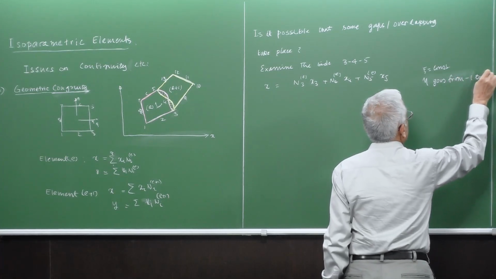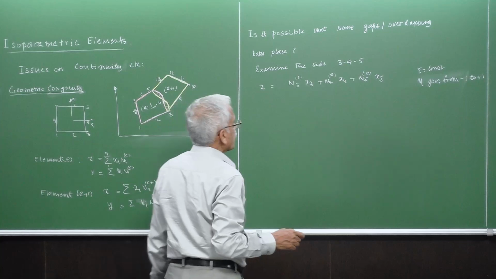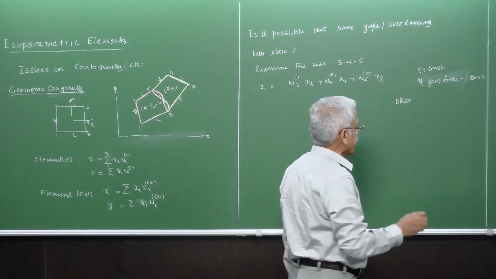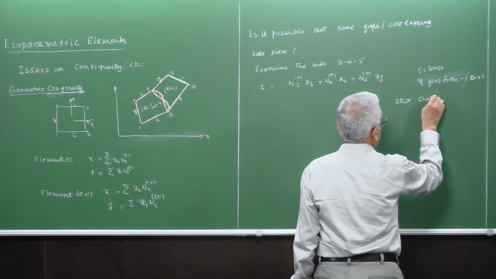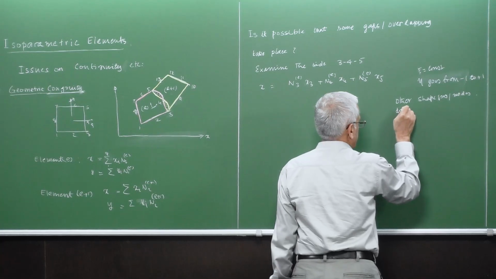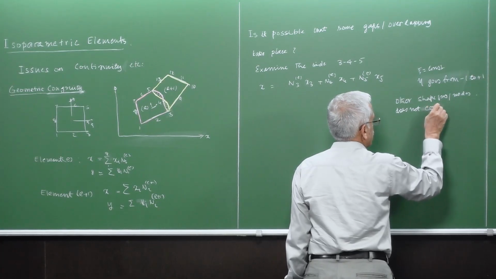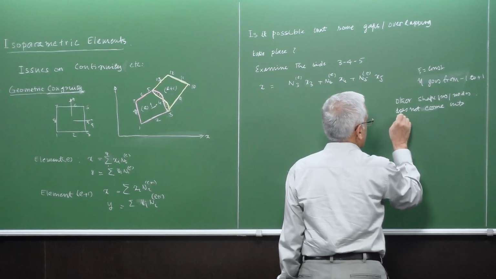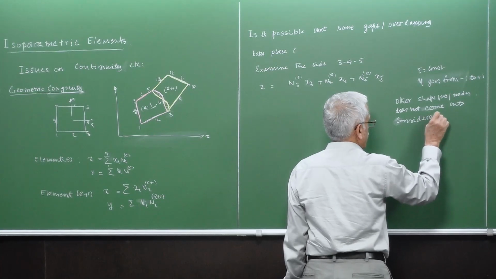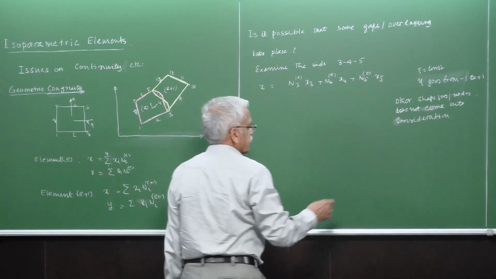And why did I remove the other N1, N2 and all other nodes? Because the other shape functions do not come into consideration, because they are 0.